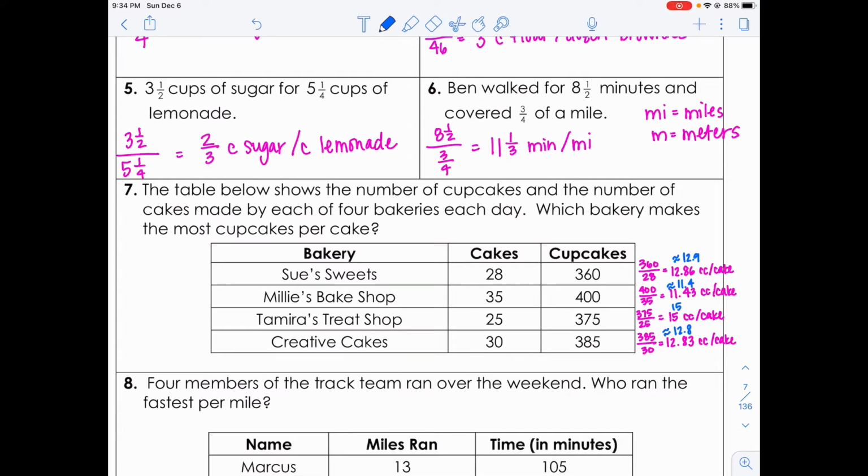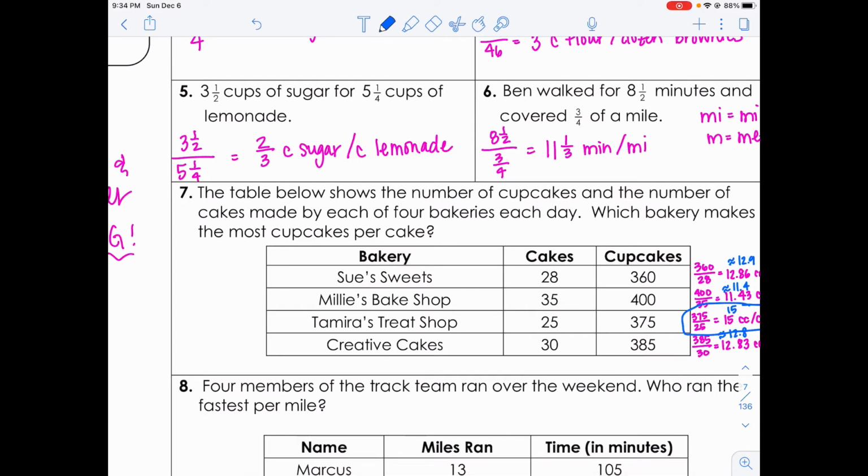The most cupcakes per cake would be this one right here, because they make 15 cupcakes per cake. That is the most. So then you would write a sentence that said something like, Tamira's treat shop bakes the most cupcakes per cake.